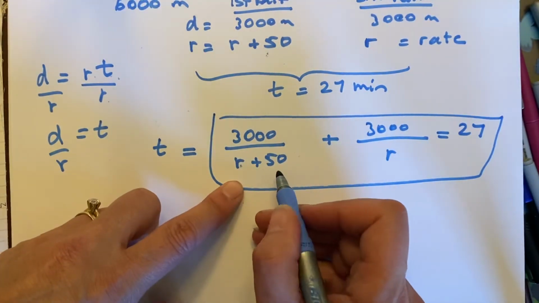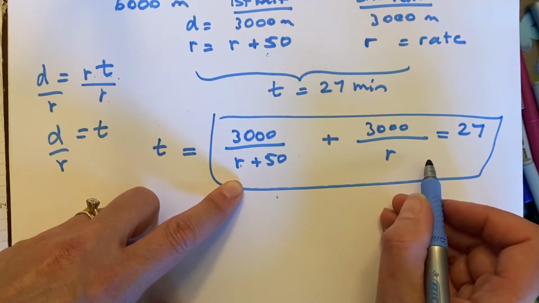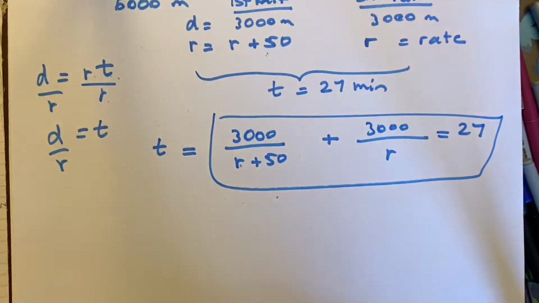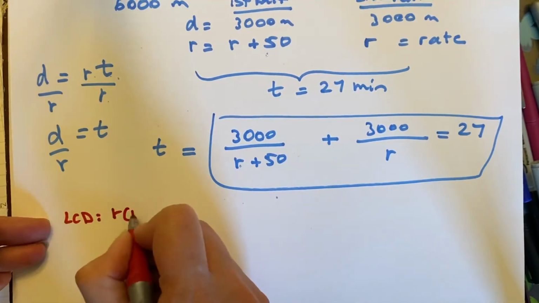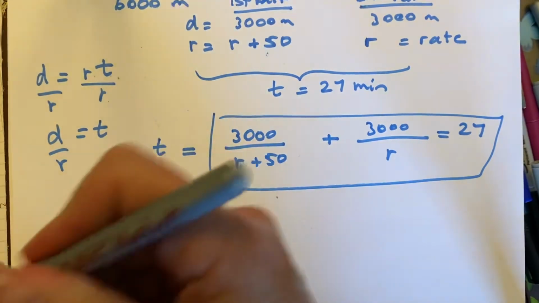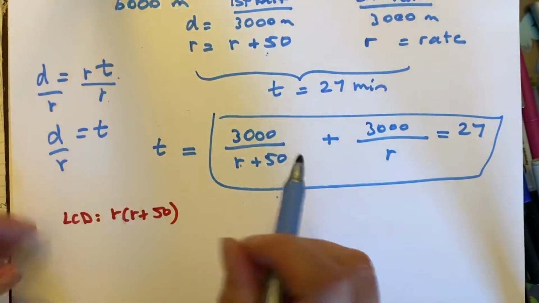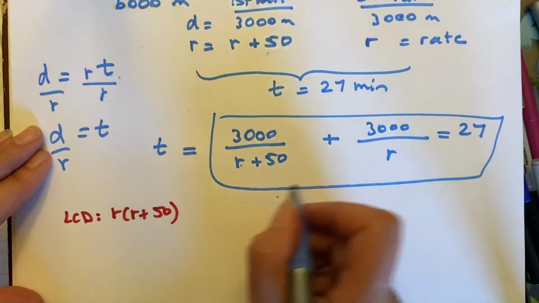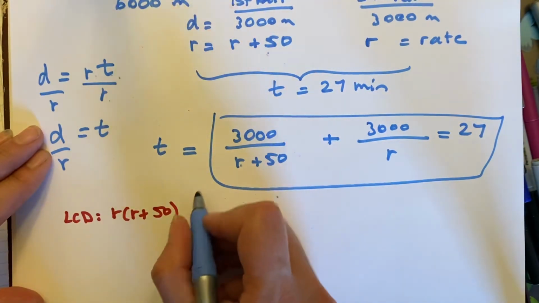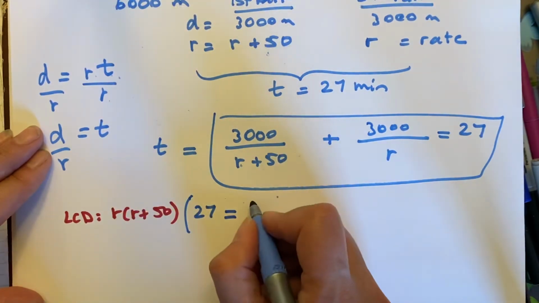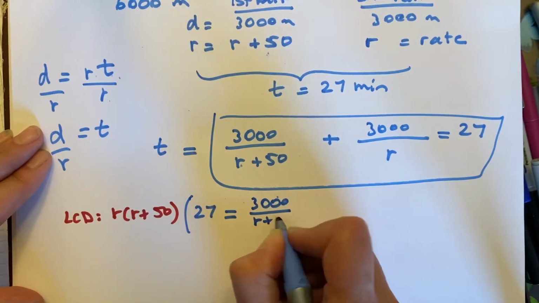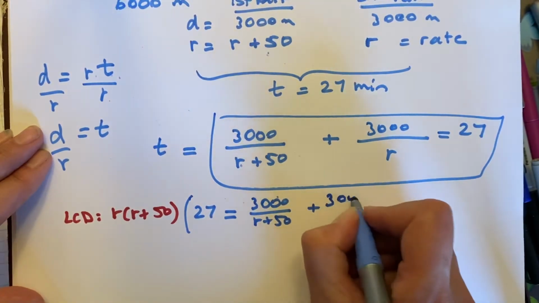But I have a problem in that I have to get rid of my fractions, right? So I'm going to multiply by my LCD, which is going to be r times (r + 50). And I'm going to multiply that by my whole equation: 27 equals 3,000 over (r + 50) plus 3,000 over r.